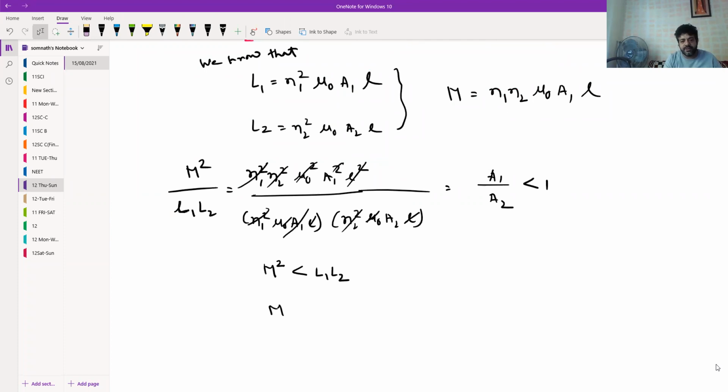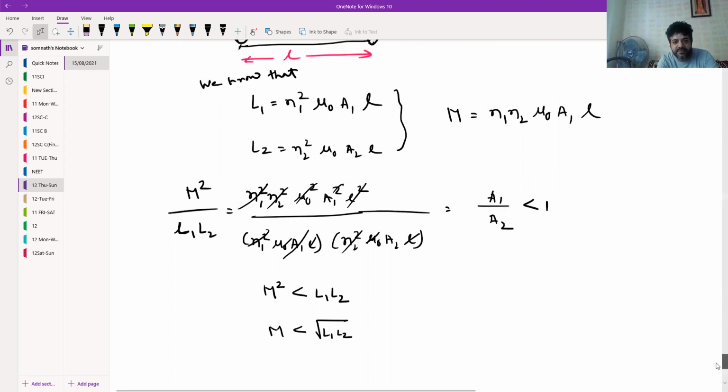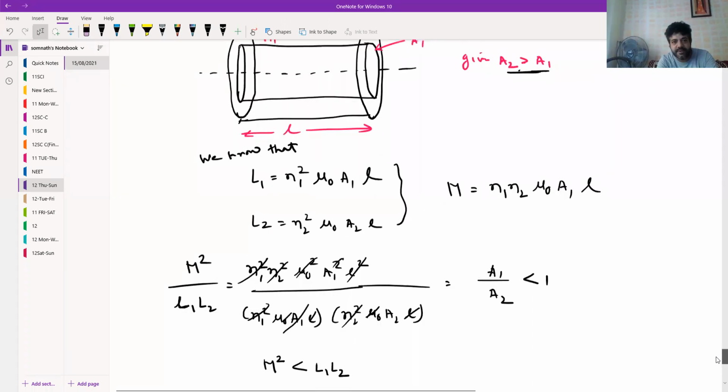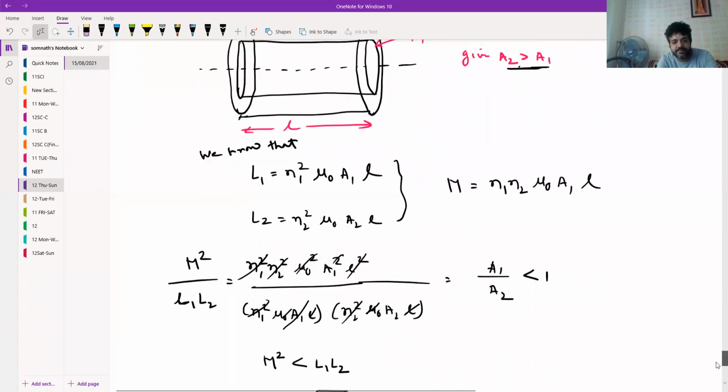So mutual induction is less than root under L1 L2. Yes or no? The proof. Very simple proof, but very effective and very important for your board exam.